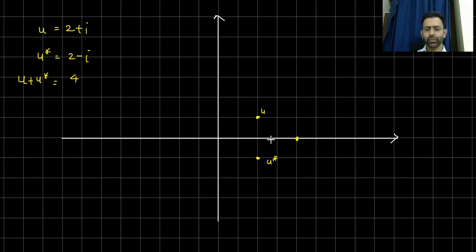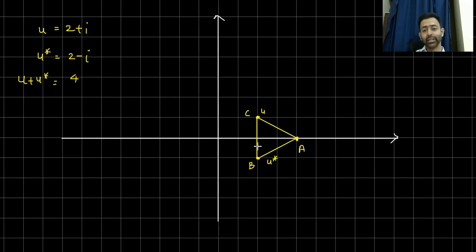And if you join all these points, you will get an equilateral triangle. Not equilateral, you will get an isosceles triangle. Right? You can name these points A, B and C, because this distance is equal to this distance, right?